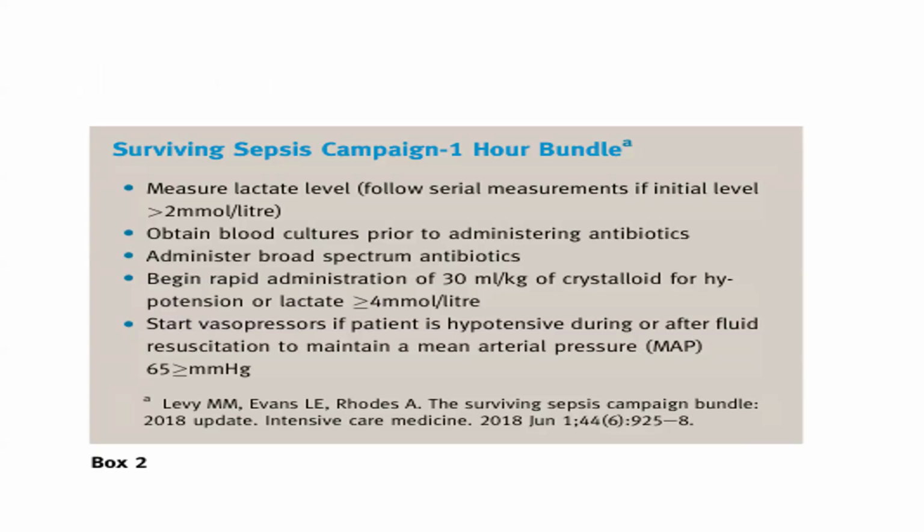Administer broad spectrum antibiotics. Then begin rapid administration of 30 ml per kg of crystalloid for hypotension and/or lactate more than or equal to 4. Start vasopressor if the patient is hypotensive during and after fluid resuscitation to maintain a mean arterial pressure of more than or equal to 65.